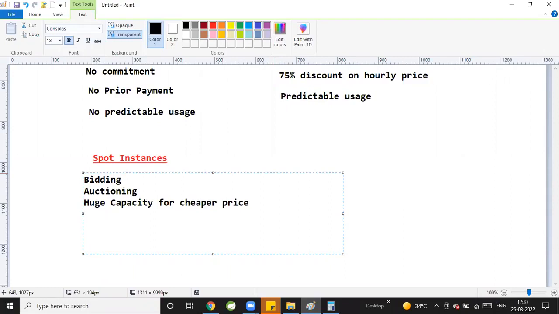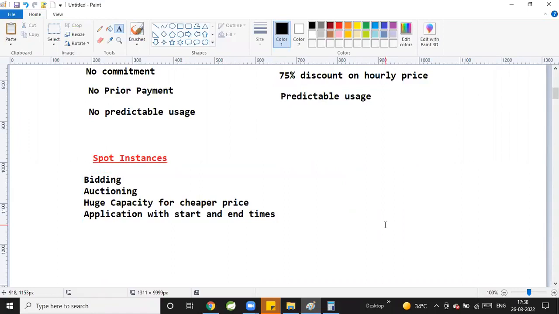Those instances are called spot instances, right? Some applications also will be available with start and end times, which they mention in the spot instances.